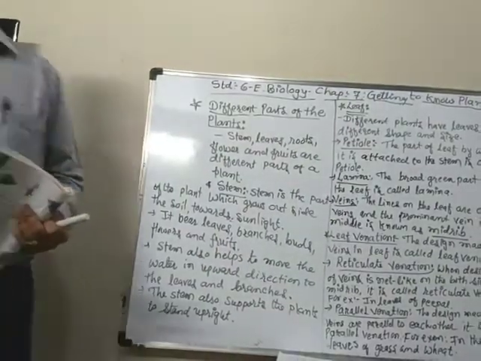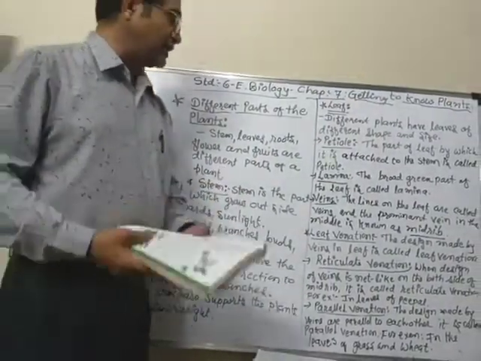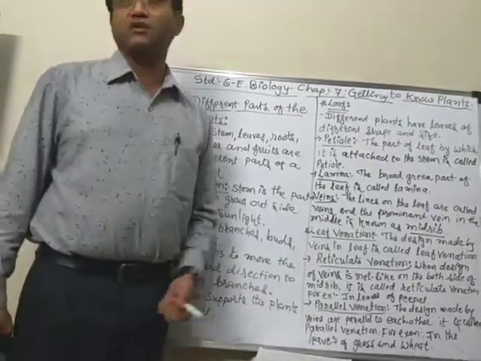That net-like venation is known as reticulate venation.